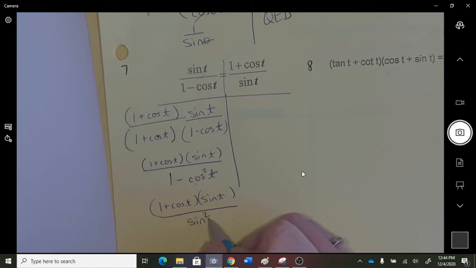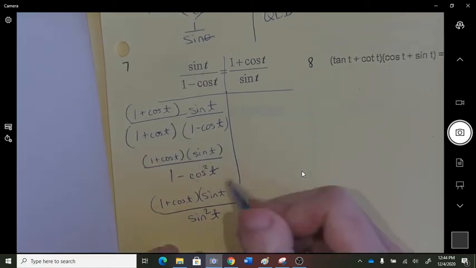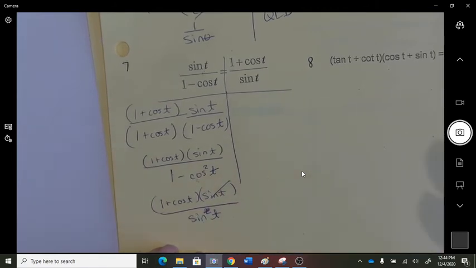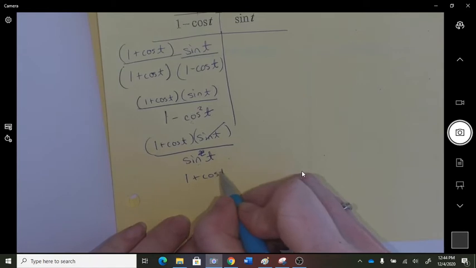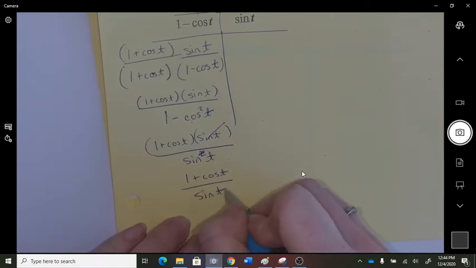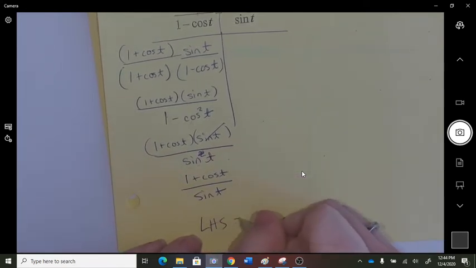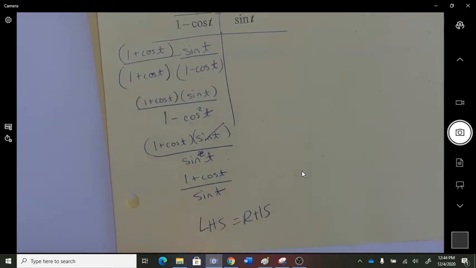So this can be replaced. And then I can cancel a sine t out of the top and bottom. So I get 1 plus cos t over sine t. And now I've got the right-hand and left-hand sides equal.